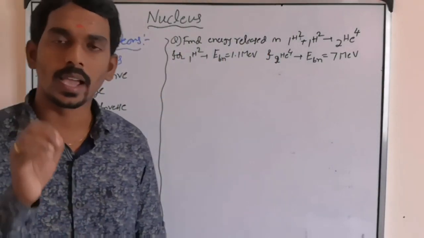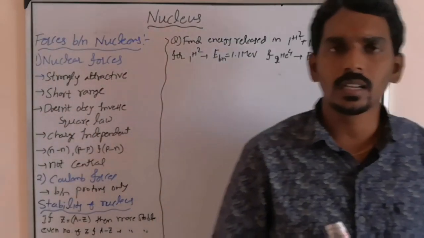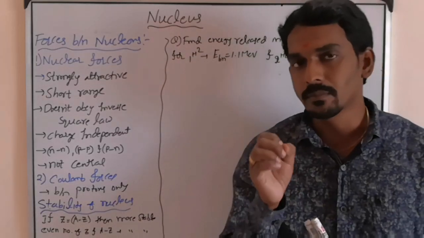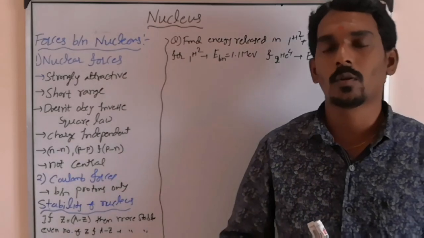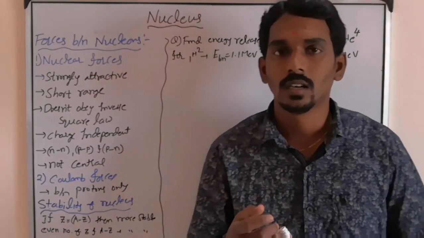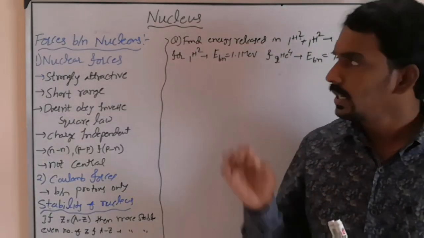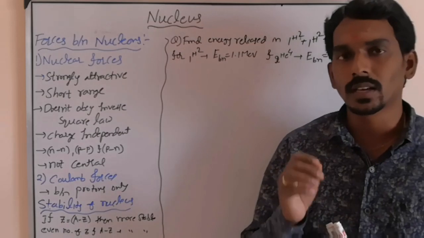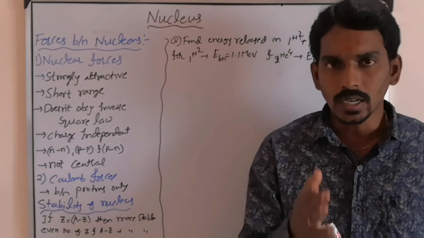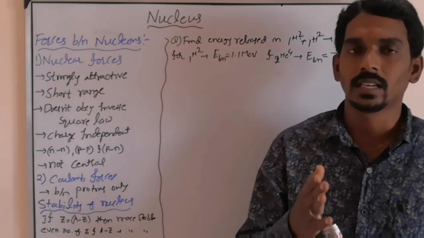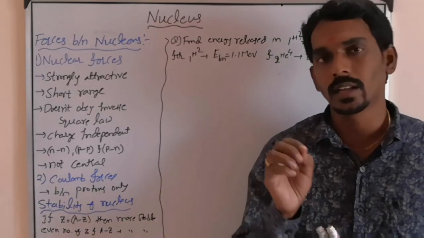From where did you get the binding energy concept? We have taken the Einstein mass-energy relation, which says every mass is equivalent to some amount of energy. How much? mc square, where c is the speed of light. And in the nucleus, every mass we measure in terms of AMU. That's why we found the energy equivalent to 1 AMU.